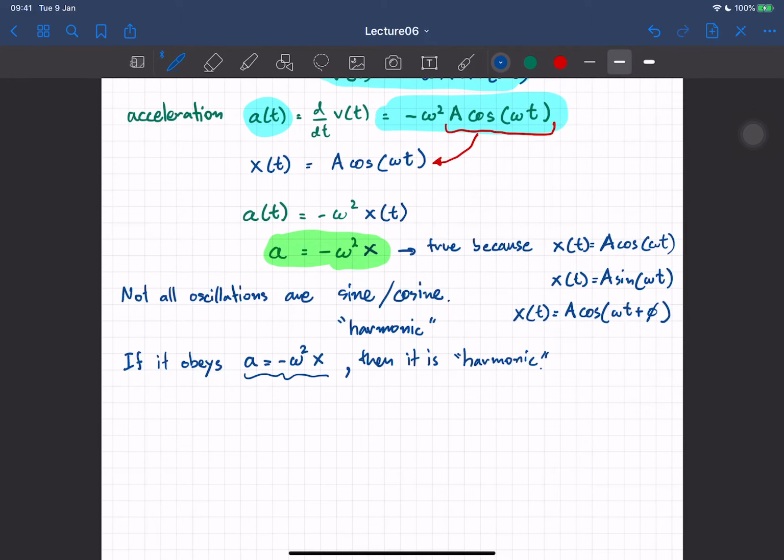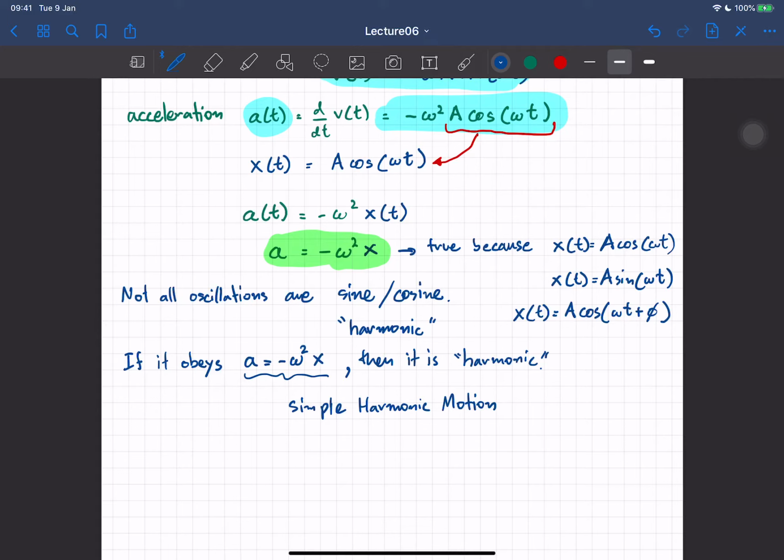So we're going to call anything that obeys this simple harmonic motion, which is a fancy name for saying that it's described by either sine or cosine function.